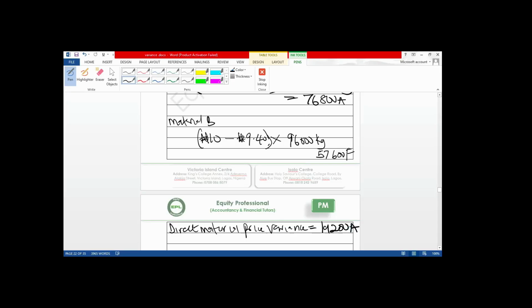You now add the two variances together. So material price variance is negative. They just give me like 15 minutes. Anywhere we get to, we excuse the class.